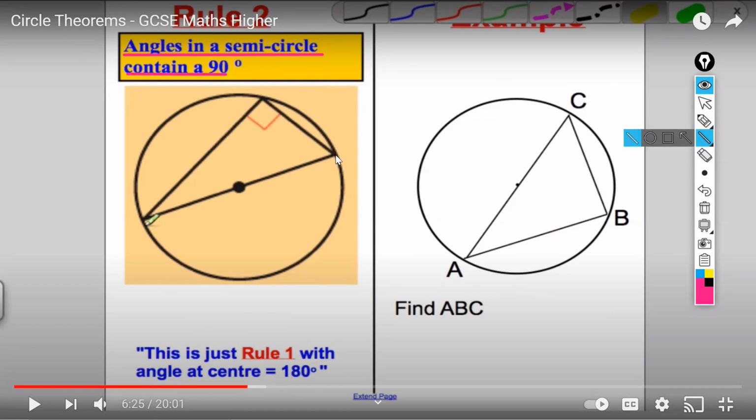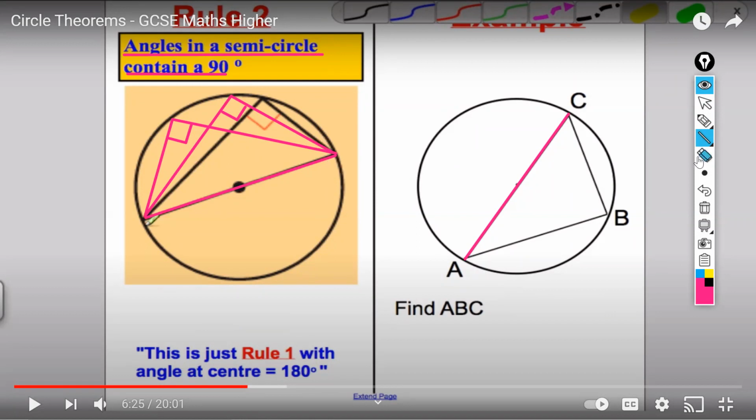If you have a line going through the center, this is one of the easiest ones, guys, to pick up. If you have a line going through the center like this, any point that you draw on the edge of the circle is going to be 90 degrees. So here is going to be 90 degrees. Here is going to be 90 degrees. It's always 90 degrees if you draw 2 lines from the diameter.